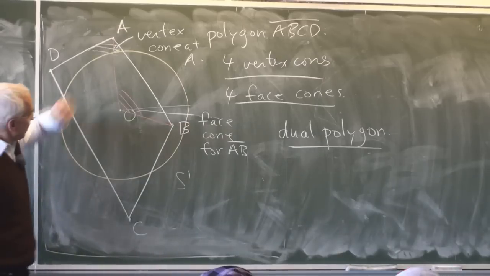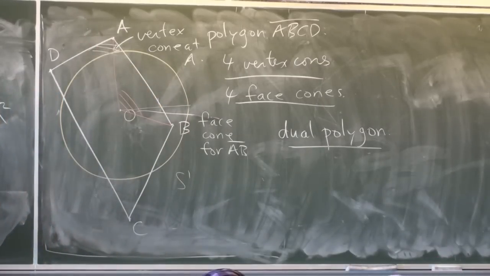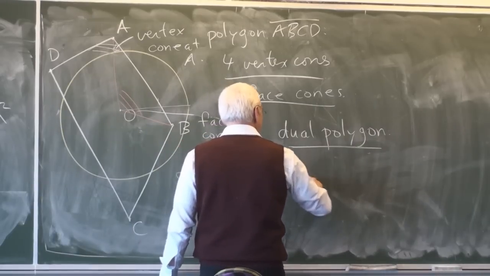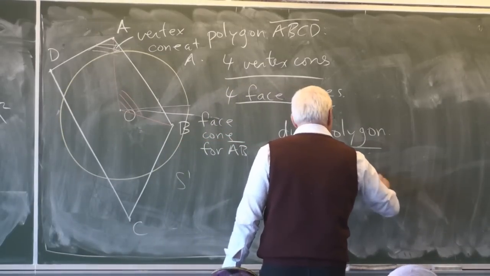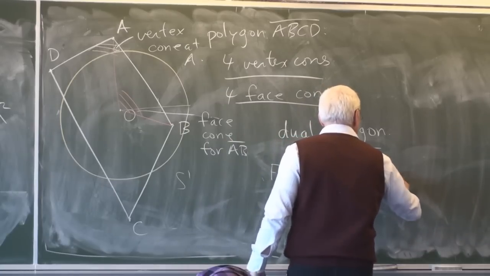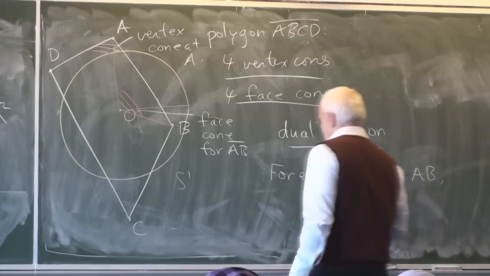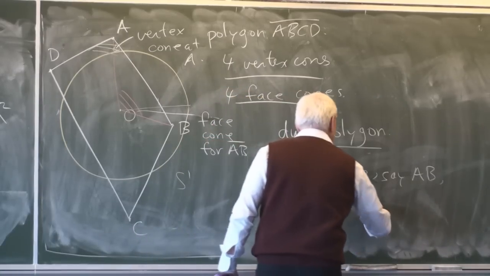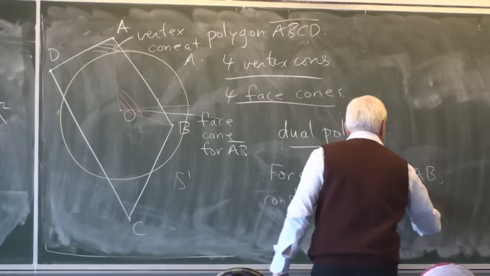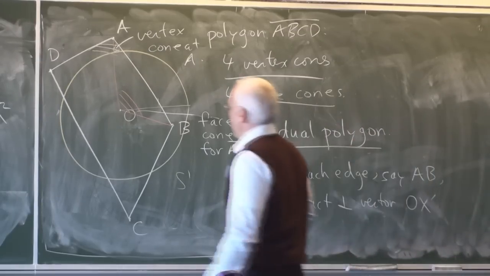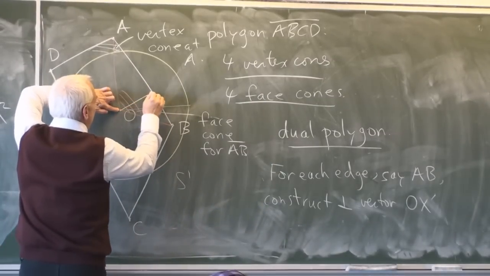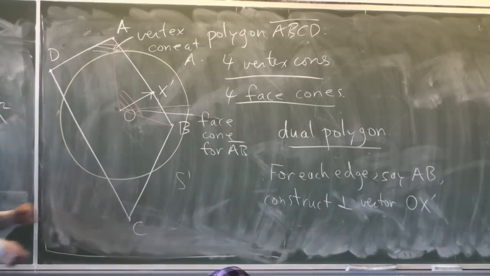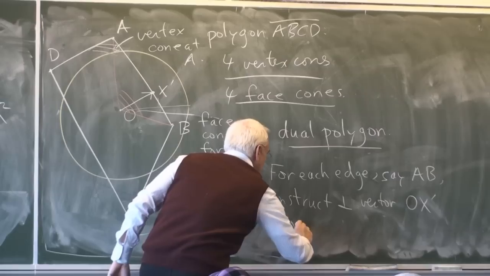So what we do is, let's say we take an edge, like AB, and for each edge, say AB, we construct a perpendicular vector. Let's call it OX prime. So there's a perpendicular vector with X prime on the edge, with X prime on AB.